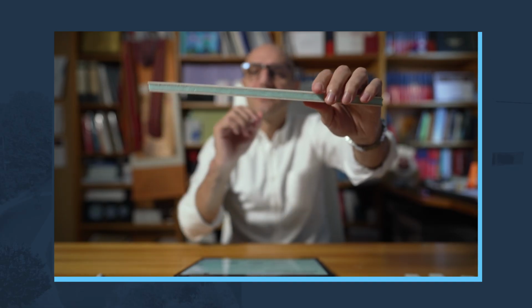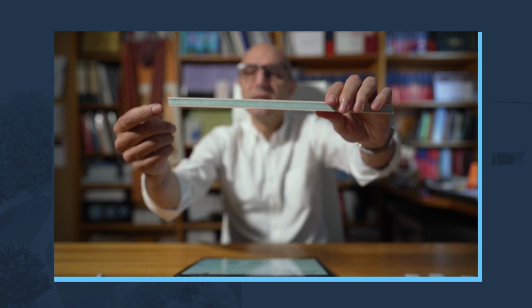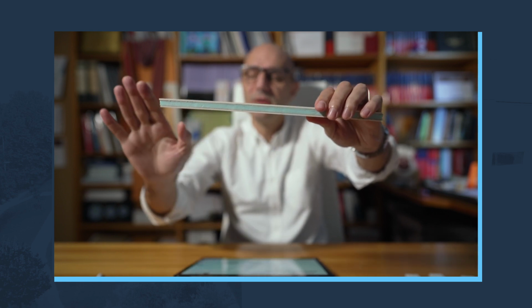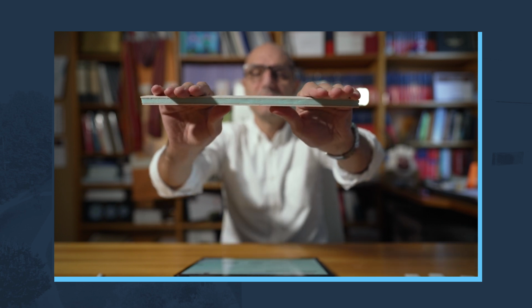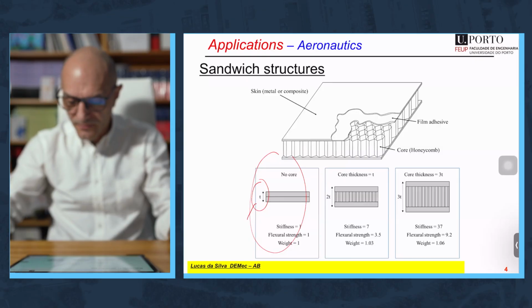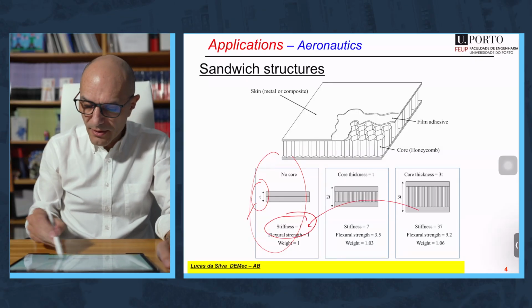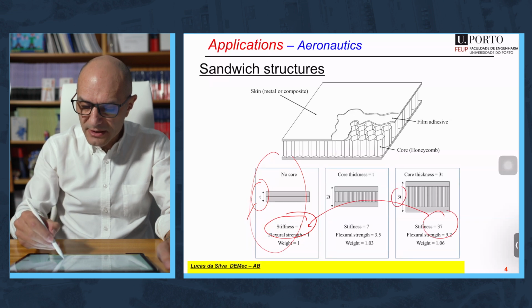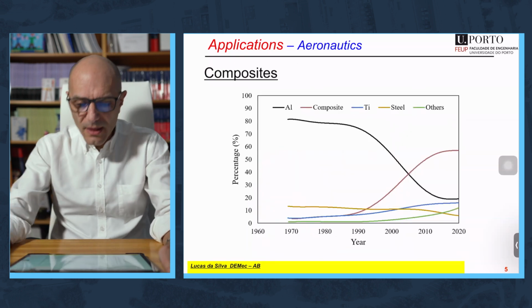So that's the magic of the foam. You increase the thickness, the weight stays the same, and the stiffness of the beam is nearly infinite now. You go from a relation of 1 to 37 when you increase the thickness 3 times. Can you see? Really, really impressive.